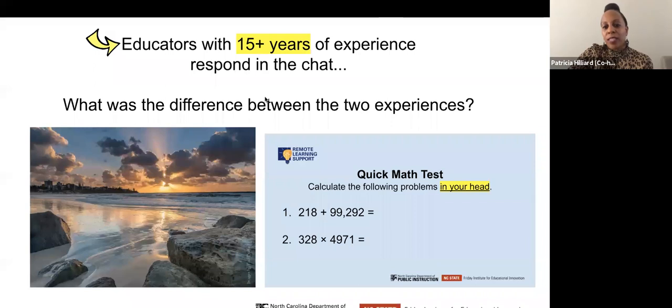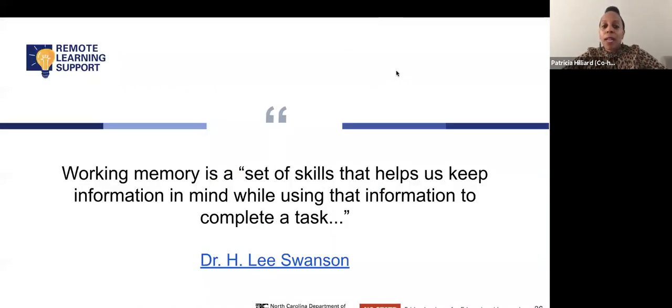Rhonda, absolutely. The second required you to hold more information. We're gonna pause the chat with that response. Absolutely. We really tasked your working memory, especially with that second one. So what happened in the first one is Laura gave you a direction and she allowed you to complete it. Then she gave you another direction and she allowed you to complete it. And I scrolled through the videos and I saw some really relaxed educators out there. The second test, there's nothing against math.